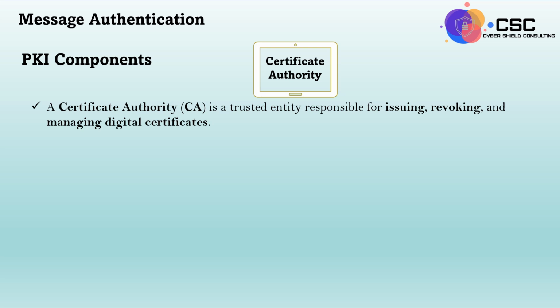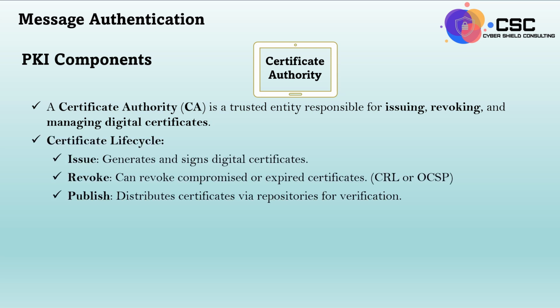But the CA's role doesn't stop at issuance. It also manages the certificate life cycle. If a certificate becomes compromised, outdated, or is no longer needed, the CA can revoke it to prevent misuse. Revoked certificates are listed in the CRL, Certificate Revocation List, or managed through Online Certificate Status Protocol, OCSP, to keep systems informed about untrusted certificates.